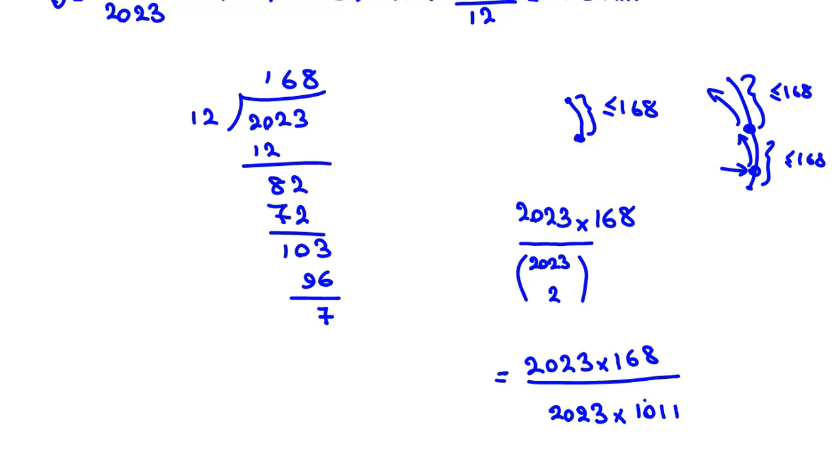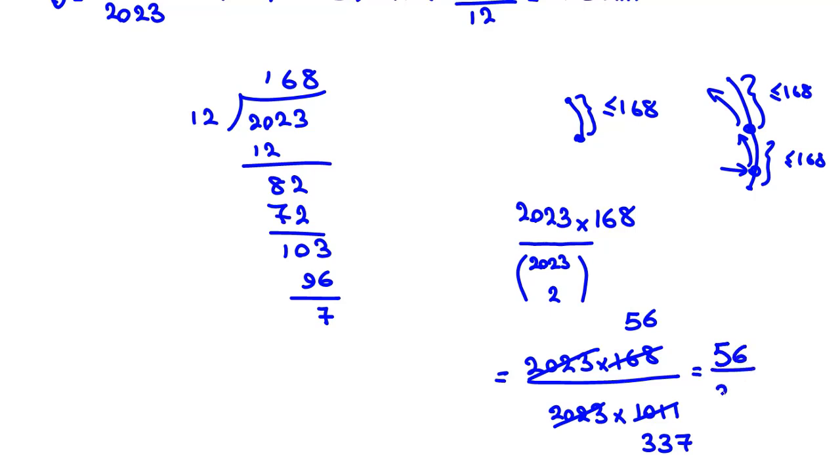Okay, now try to simplify. If you simplify, these two things will be cancelled. It will be 168 over this. Both of them are multiples of 3. If you divide by 3, it will be 56 and 337.